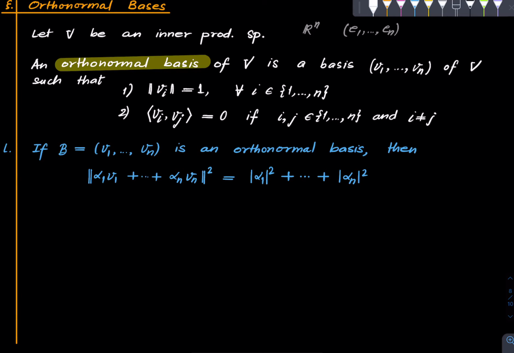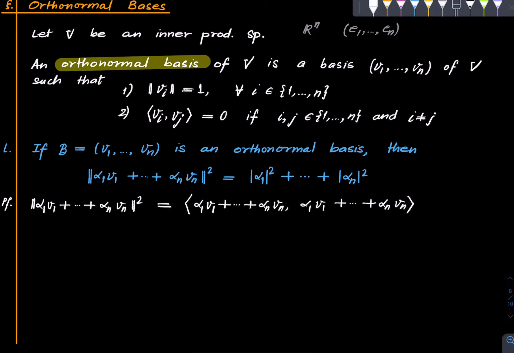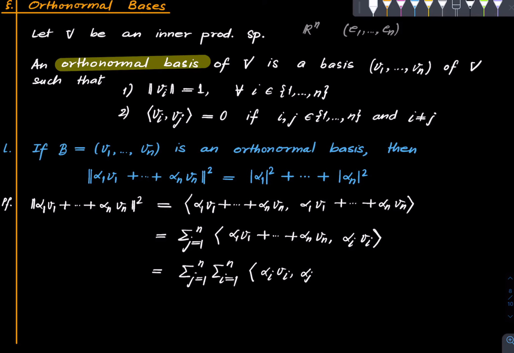So the norm of the left side squared is, by properties of inner product, equal to a summation, which is equal to this.